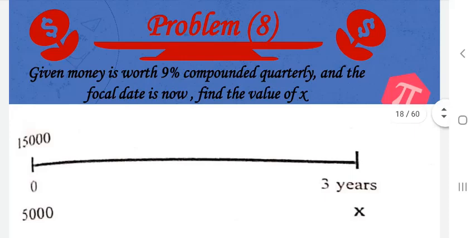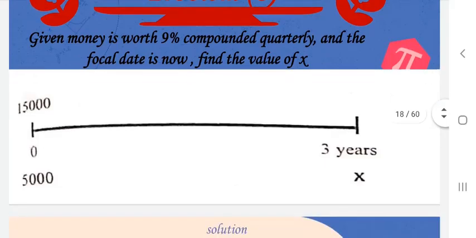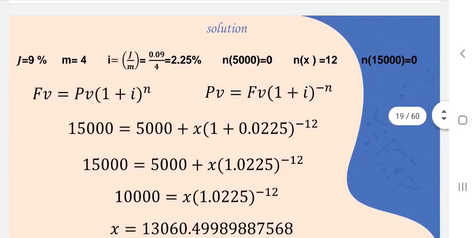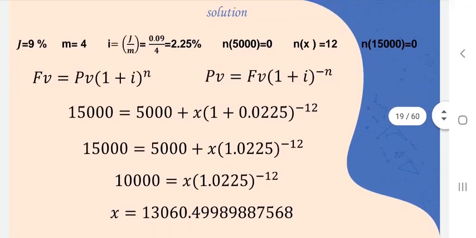To solve this problem, we must get I equal J over M, J 9%, M equal 4, so I equal 9% over 4. Solution, X will be equal 13,060.